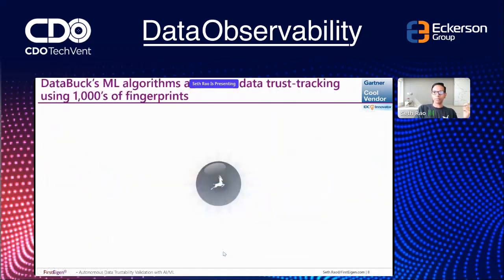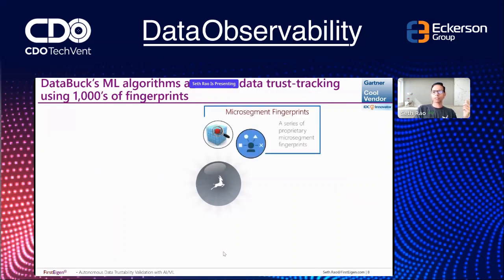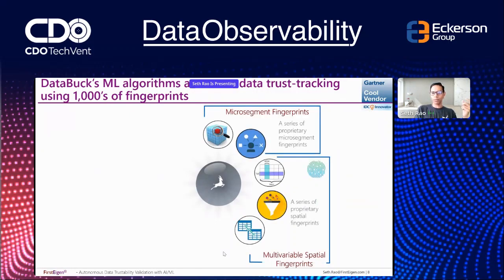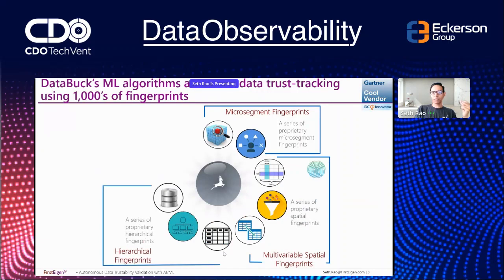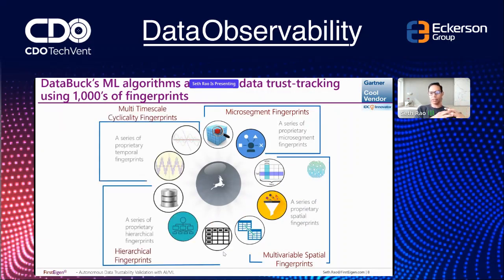What DataBug does is it uses machine learning to create thousands of fingerprints in different categories of the data. You'll have time series fingerprints, multivariable spatial fingerprints, hierarchical fingerprints, and so on. And these could be thousands of them. It looks at patterns, trends, relationships, micro, macro trends, and so on.